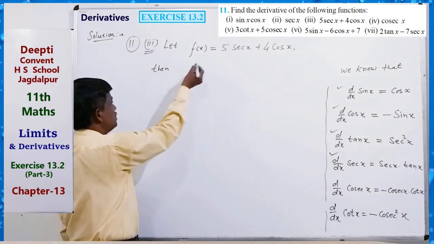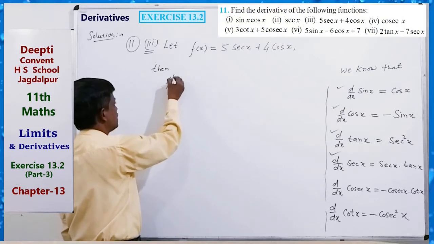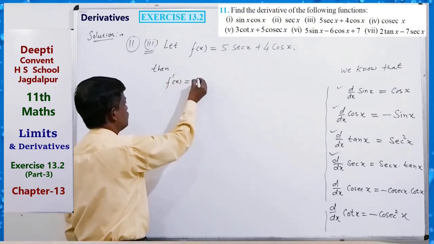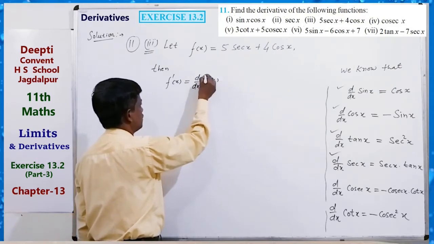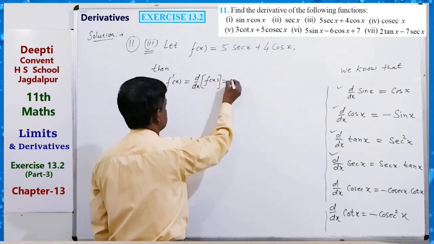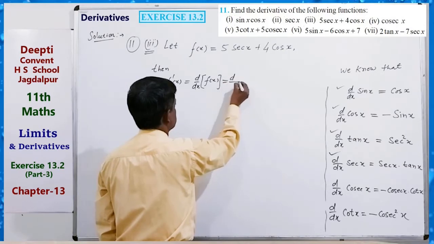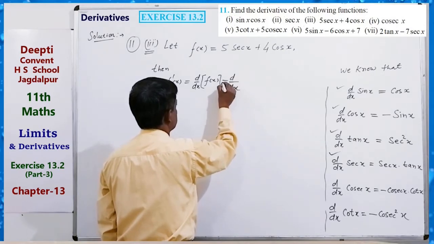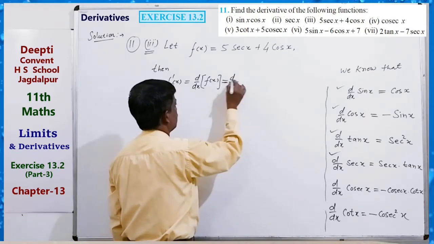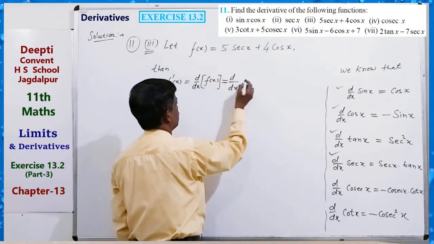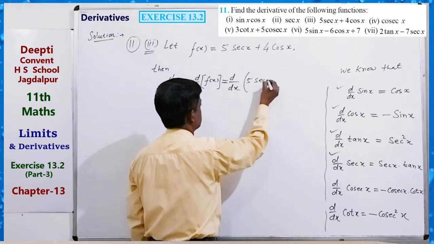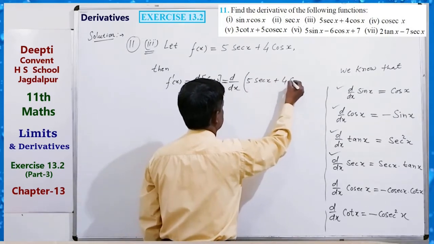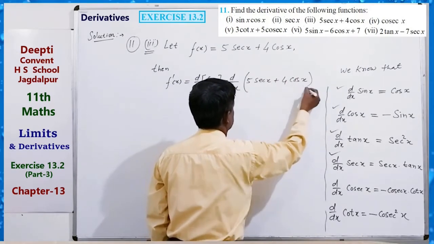Because if fx equal to this, then f dash x equals to dy dx fx. That is dy dx of 5 sec x plus 4 cos x.